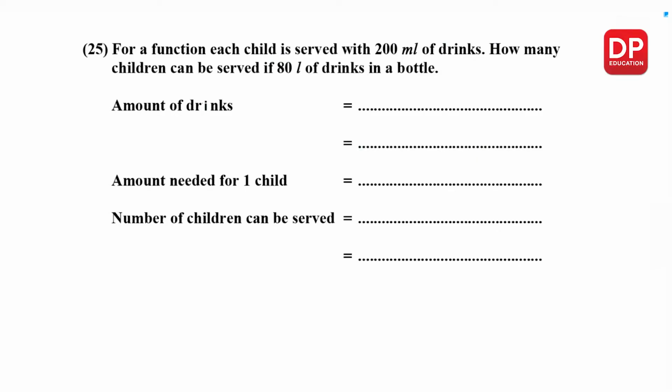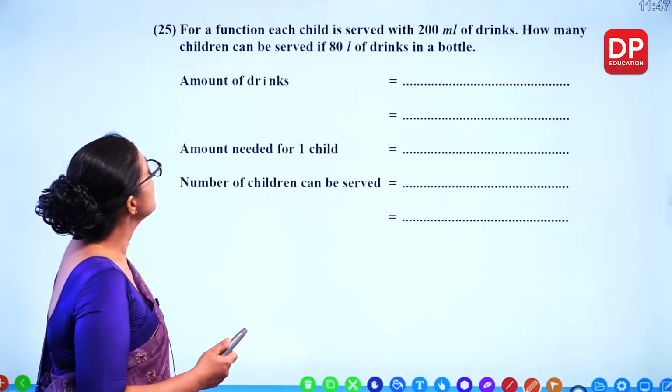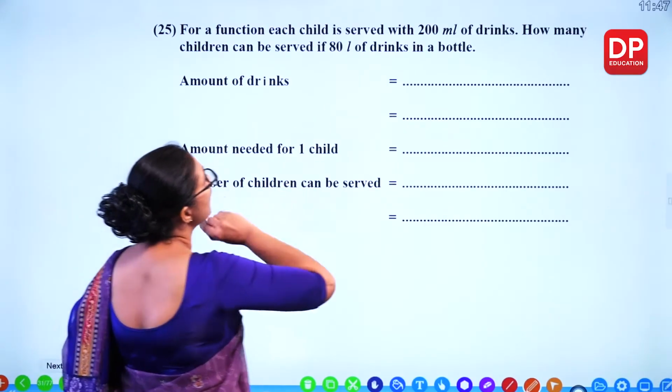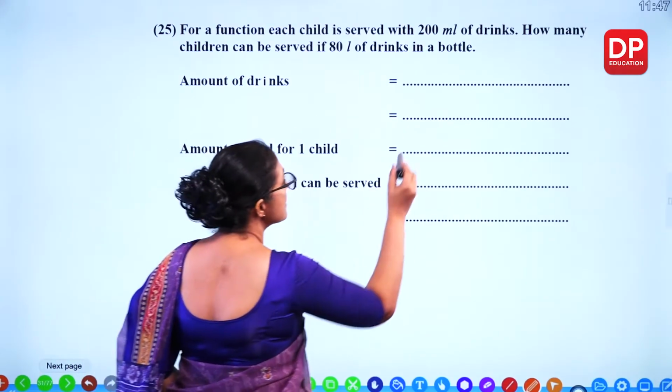Look at this question. For a function, each child is served with 200 milliliters of drinks. How many children can be served if there are 80 liters of drinks in a bottle? So what's the total amount in a bottle? 80 liters.